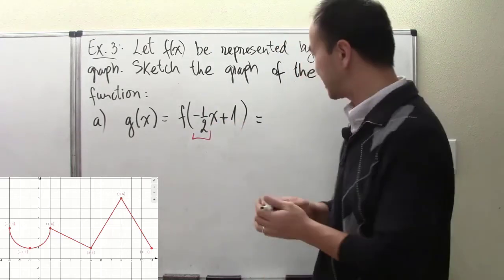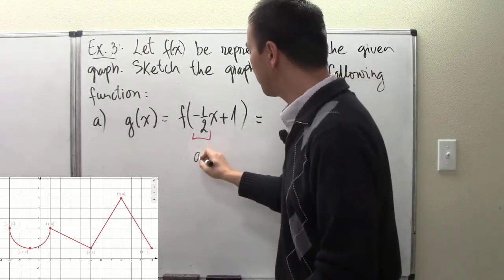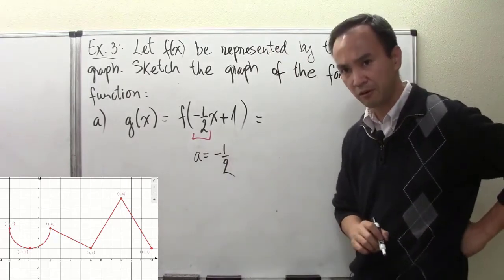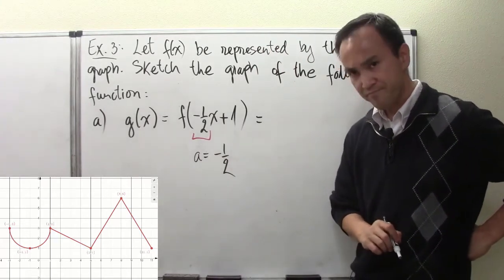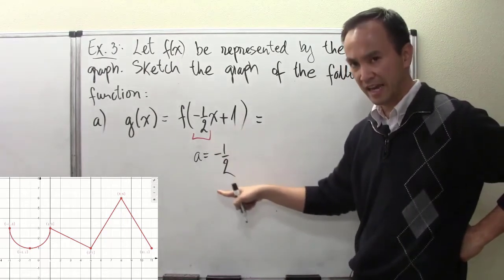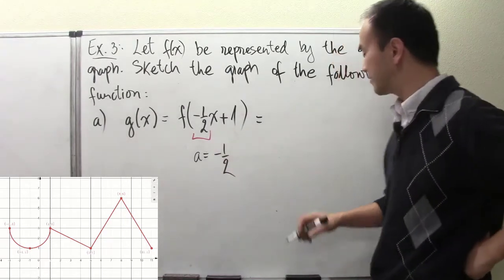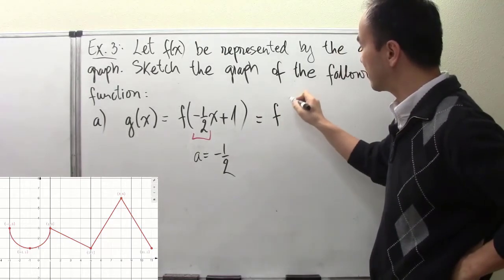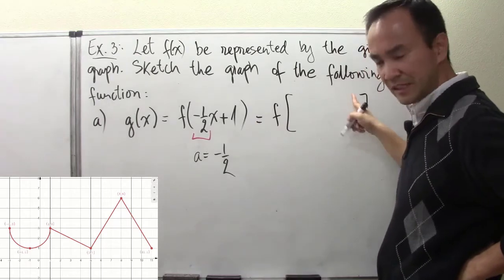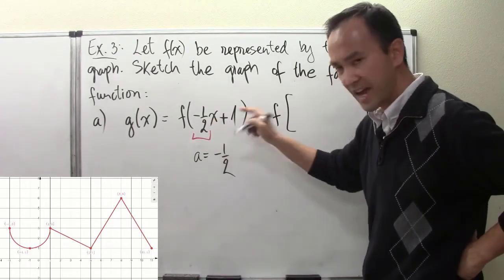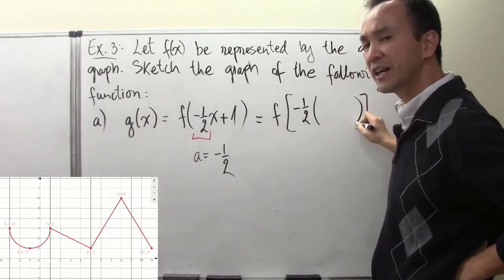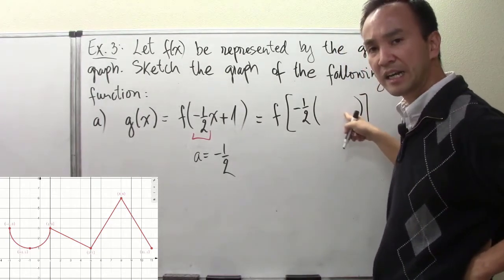In this case, the lead coefficient is negative 1/2. So we want to factor out the entire negative 1/2 lead coefficient. In my next step, I'm looking for a way to write my function as f of, with the two terms minus 1/2 x plus 1, factoring out negative 1/2. Start thinking about what's going to be left behind inside the parentheses.